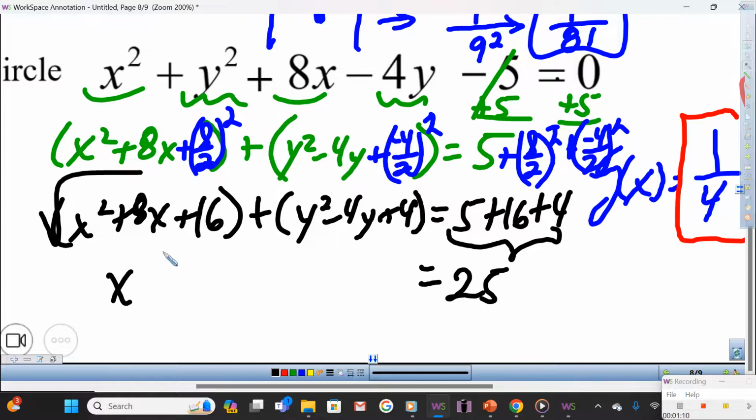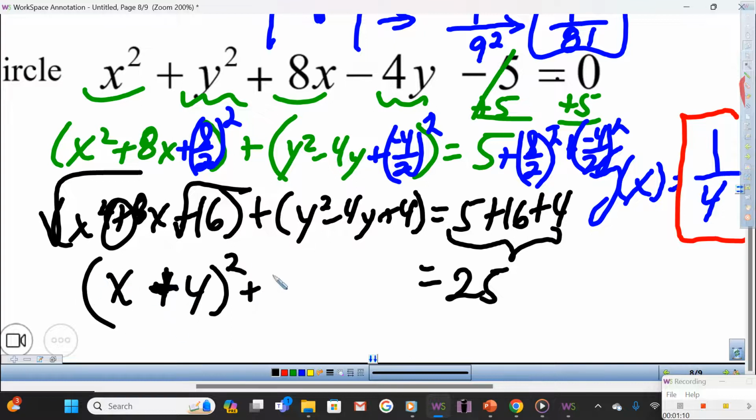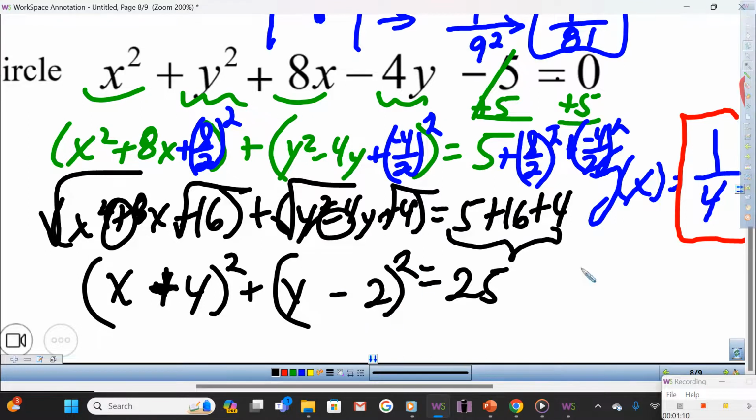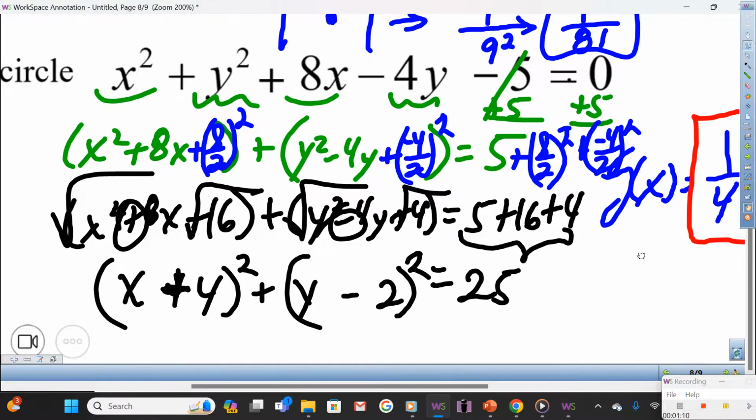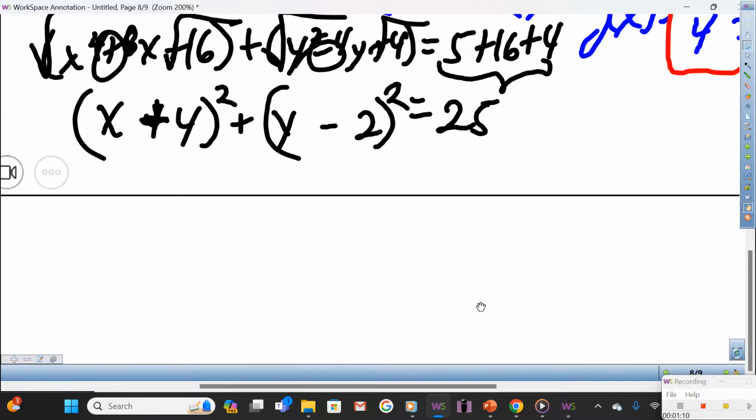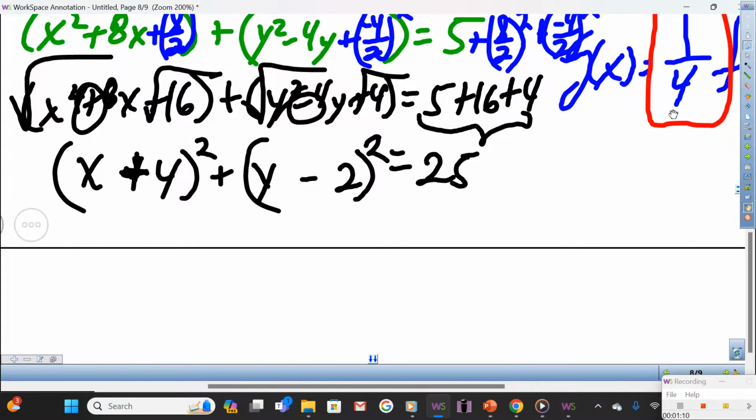And I'll factor this here. Square root of the first, square root of the last, sign of the middle, squared, plus square root of the first, square root of the last, sign of the middle, squared. All right? So with that said, we need a center and a radius. Tell your neighbor the center and the radius for this standard form equation.